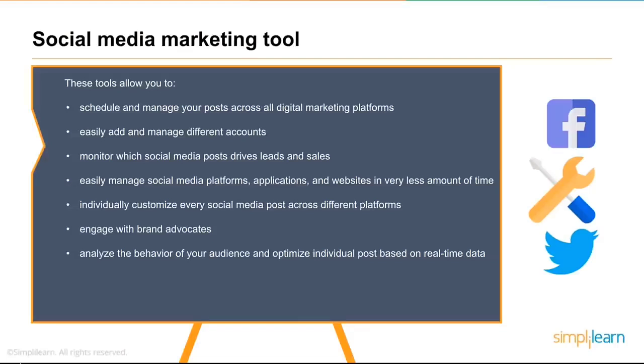So if, for example, you post something using one of these social media marketing platforms and you see it go viral, then you want to be able to react to that in real time. You're going to be able to see that in real time on these platforms like Sprout Social and Hootsuite. And then you're going to be able to react to that behavior. And then, of course, monitoring website traffic and conversion rates, that's key. We always want to monitor conversions based on our KPIs, our business goals.